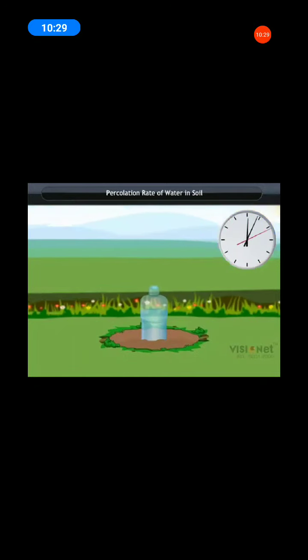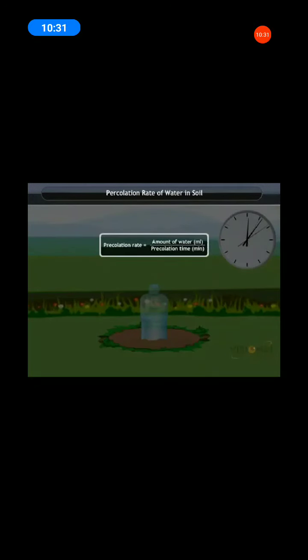Fill the bottle with 100 ml of water. Note the time when all the water has percolated, leaving the bottle empty. Percolation rate equals the amount of water in milliliters divided by the percolation time in minutes. Putting in the values and simplifying, we get the percolation rate of the soil as 10 milliliter per minute.